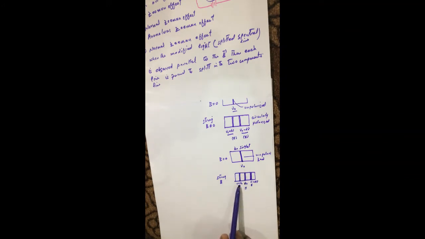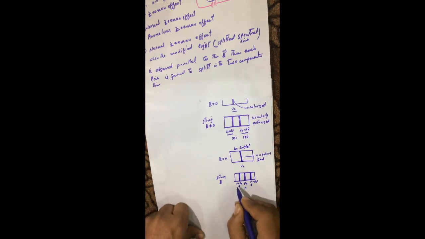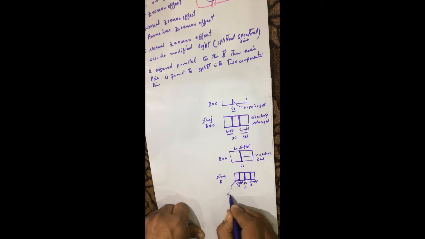Of the two remaining components, one has frequency nu naught plus d nu, and the other has frequency nu naught minus d nu.